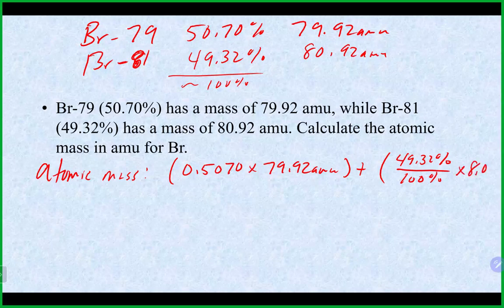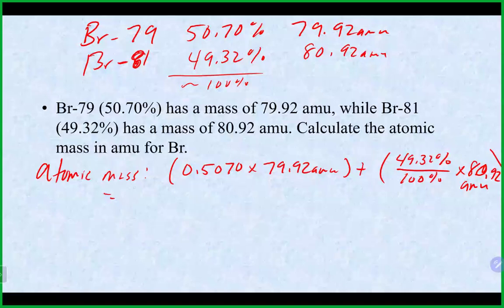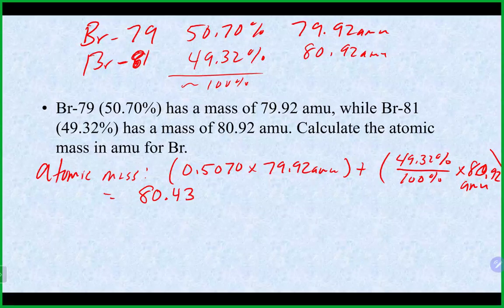Plus 0.4932 times 80.92 AMU. That's going to get us an atomic mass based on these isotopes of 80.43 AMU. Question on that calculation there?